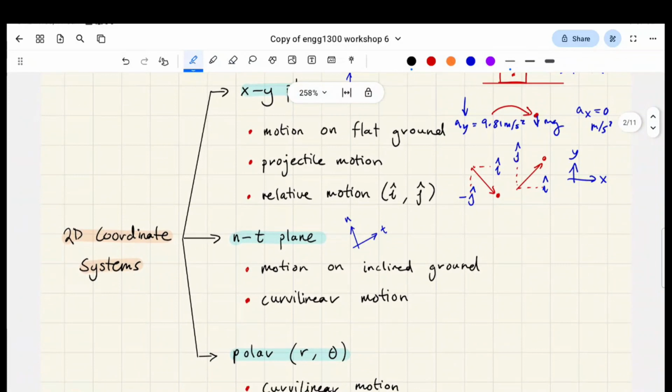So next we have our normal and tangential planes, and as far as I could think of, there are two situations where you want to use the NT planes instead of XY. The first one is motion on inclined ground. An incline might be like a hill or something.